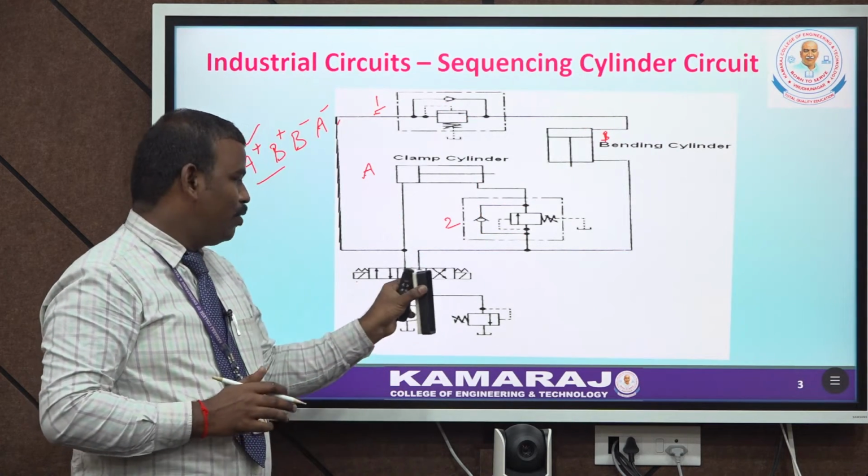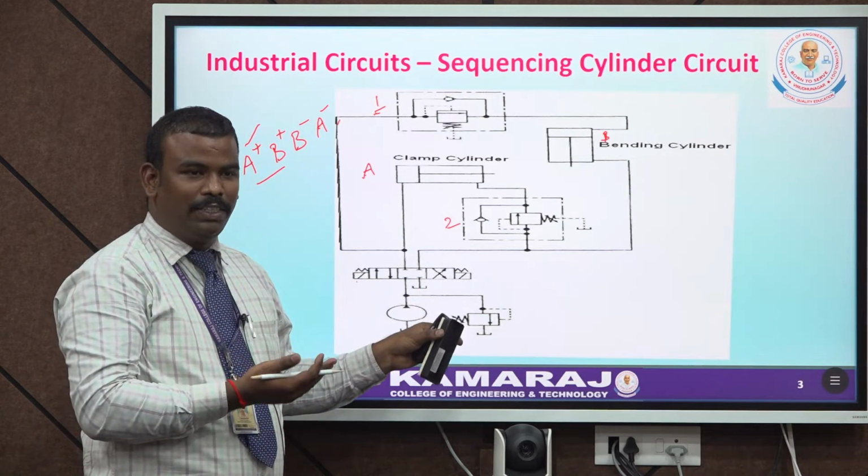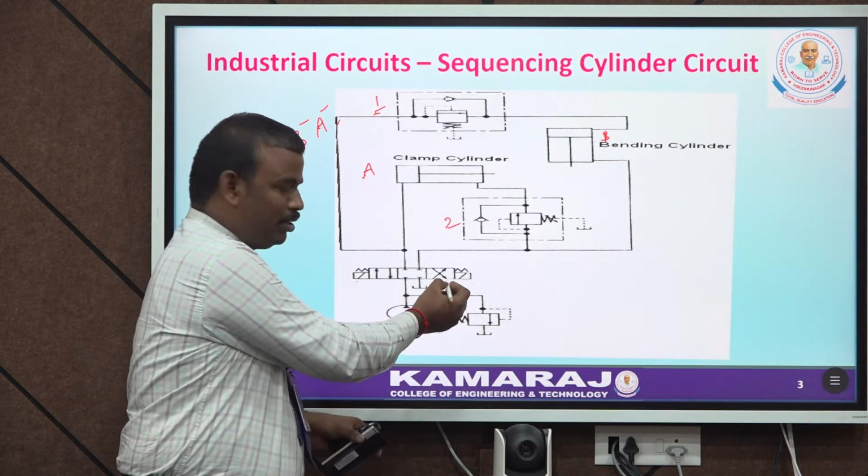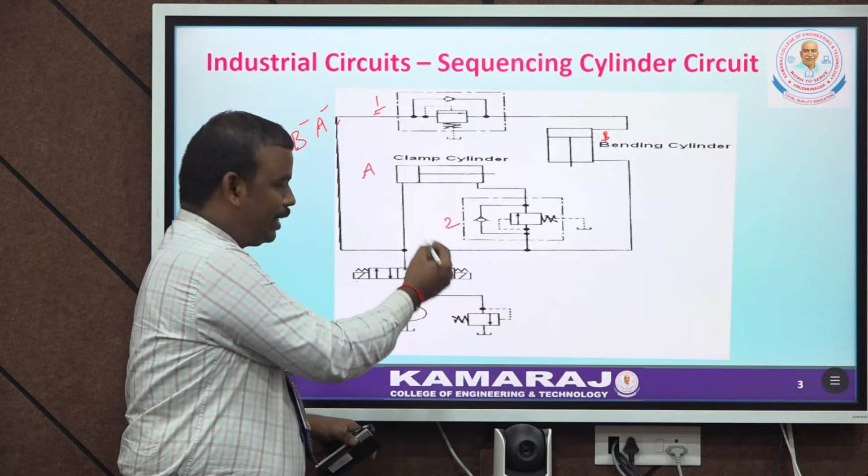Now the 4/3 solenoid operated DC valve is actuated to the right side position. So the oil flows in the right side direction.